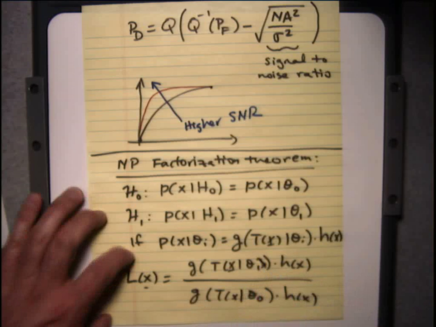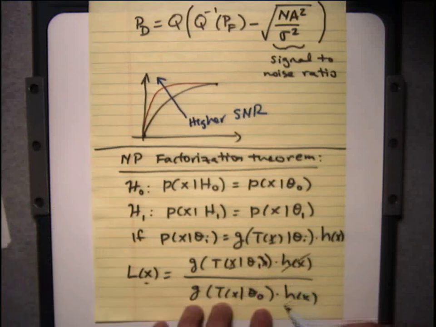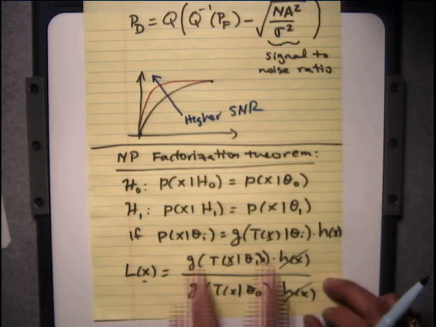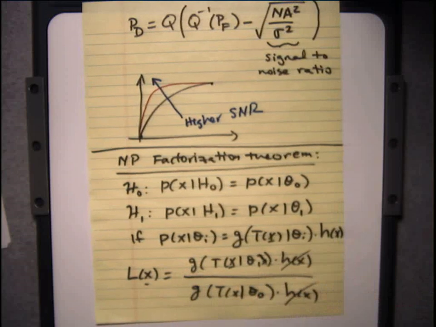Okay, so what happens here is that this h of x and this h of x cancel each other out, and you get a simpler ratio.